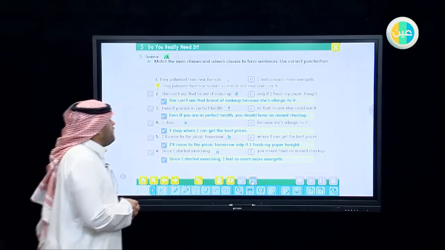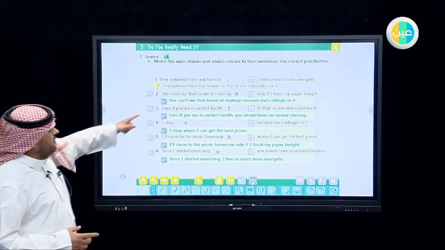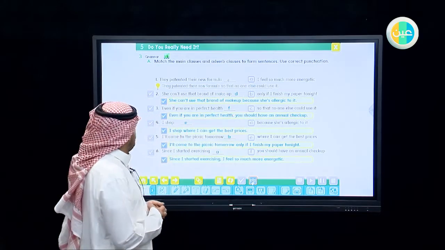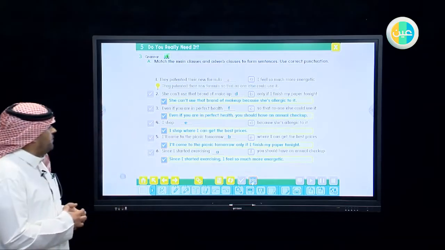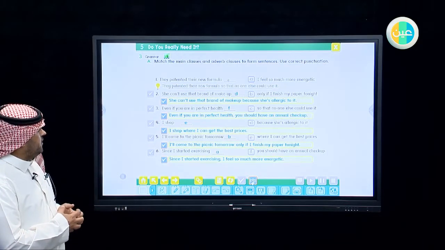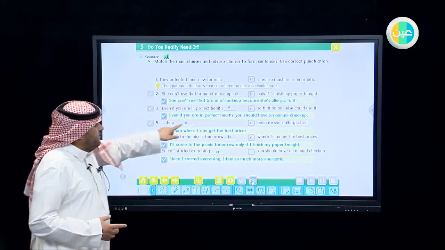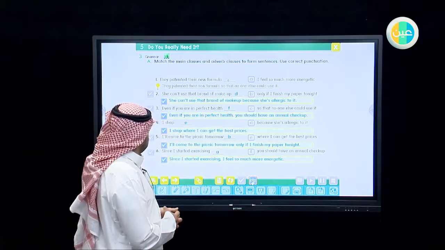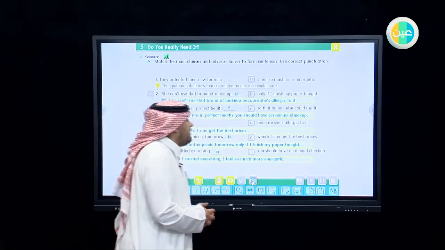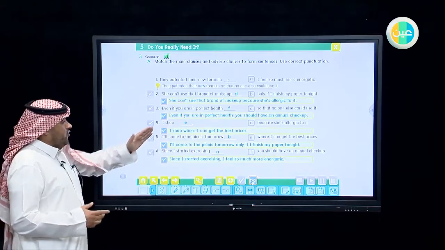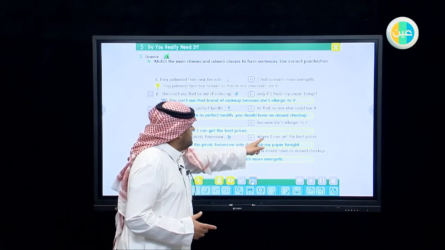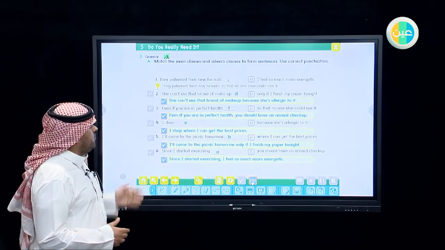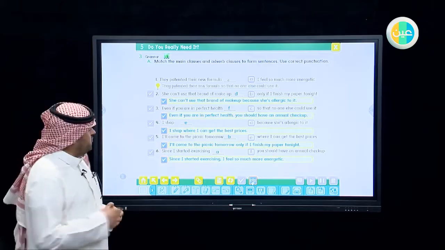Number 3, even if you are in perfect health, what happens? If, okay, that's right, you should have an annual checkup. Number 4, I shop, يعني I buy or I go shopping, when? What's the right adverb clause? E. Here, where I can get the best prices. So you can use this sentence in the beginning, but in this case, if you use the adverb clause, you will need to follow it by using a comma.